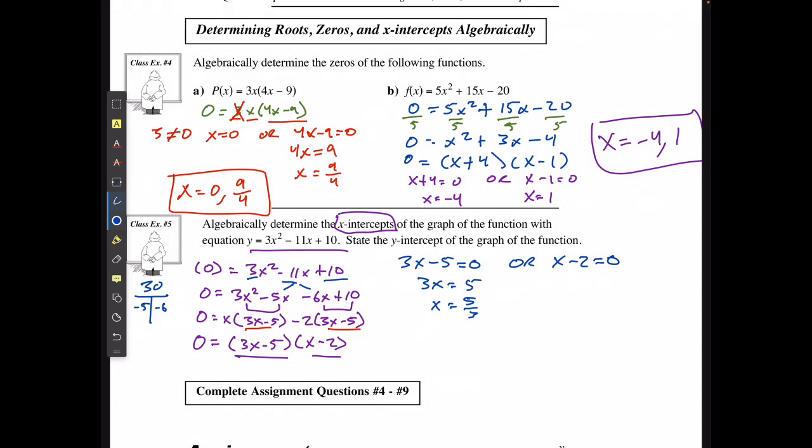In the second case, x is going to equal 2 when I add it to both sides. So the x-intercepts are going to occur at the points of 5 over 3 and 0, or 2 and 0. The y-intercept I can pull from my equation. It's the c value. The y-intercept is going to occur at 0 and 10.